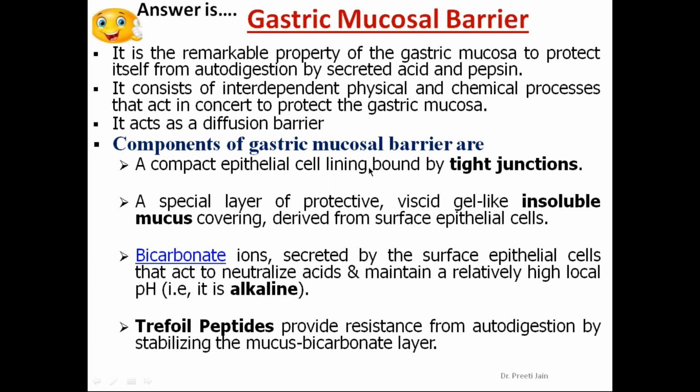Another component of the gastric mucosal barrier are the trefoil peptides, which also provide resistance from autodigestion by stabilizing the mucus bicarbonate layer. So the gastric mucosal barrier protects the stomach from autodigestion by secreted acid and pepsin. These are the components of the gastric mucosal layer. All these help to function as a diffusion barrier.